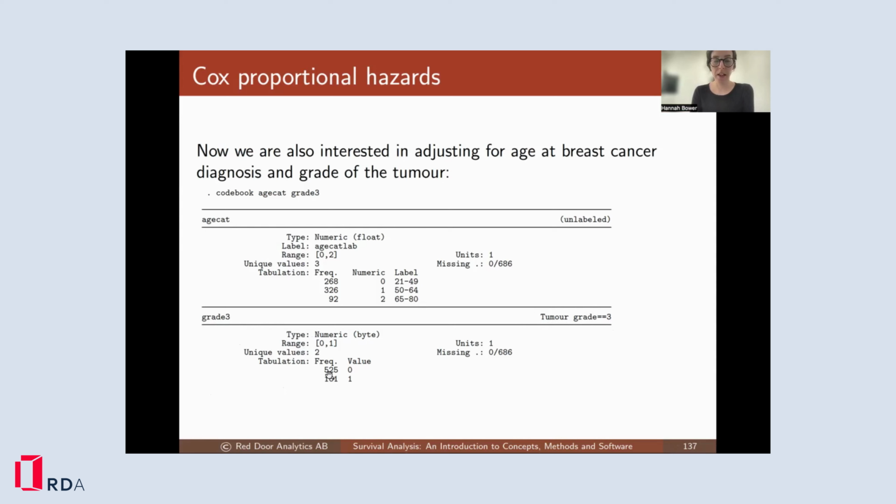This is when individuals have a grade other than 3 cancer. And we have 161 individuals with grade 3. So that's what those two variables are: age category in 3 different categories, and grade 3, which is an indicator variable for whether individuals had a grade 3 tumour or not.